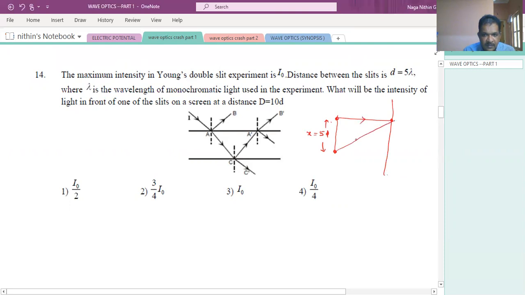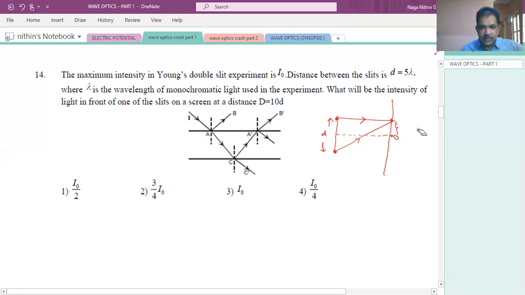They are asking. So this will be x, at d by 2.